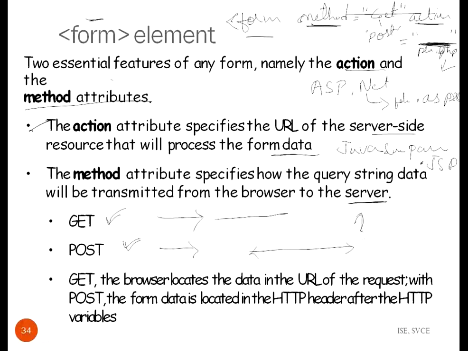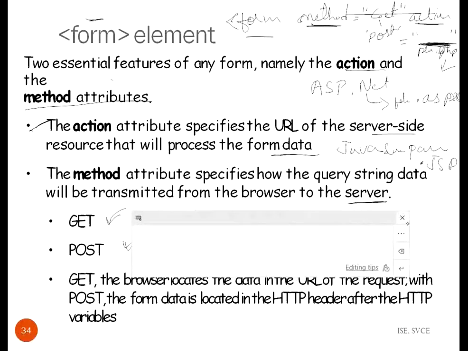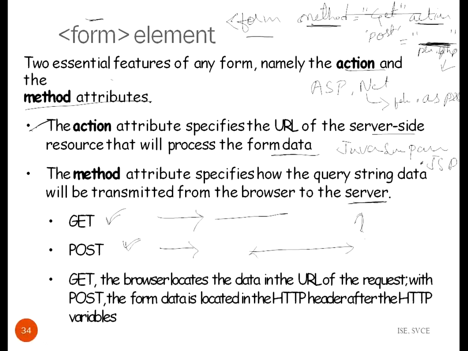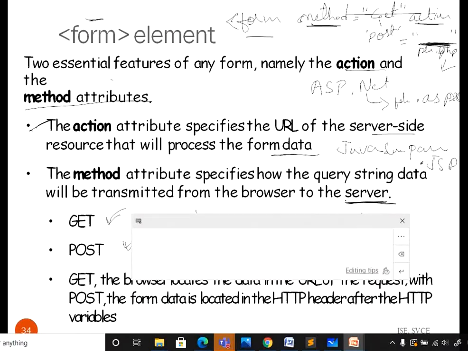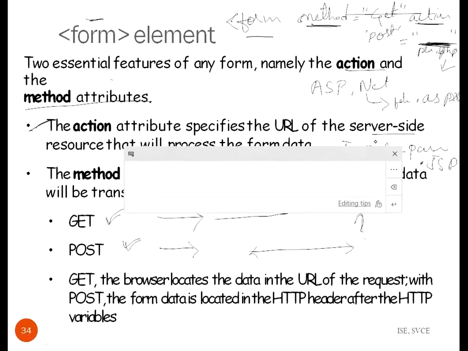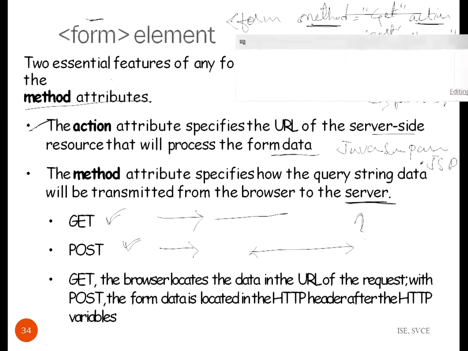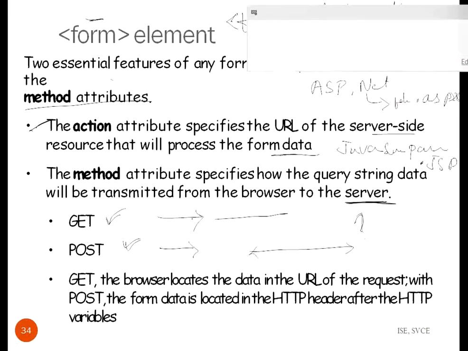So that is action. Next, method. The method attribute specifies how query string data will be transmitted from the browser to the server, how it is going to carry the data. Whatever data you enter and fill in the form, how is it going to be transmitted to the server?